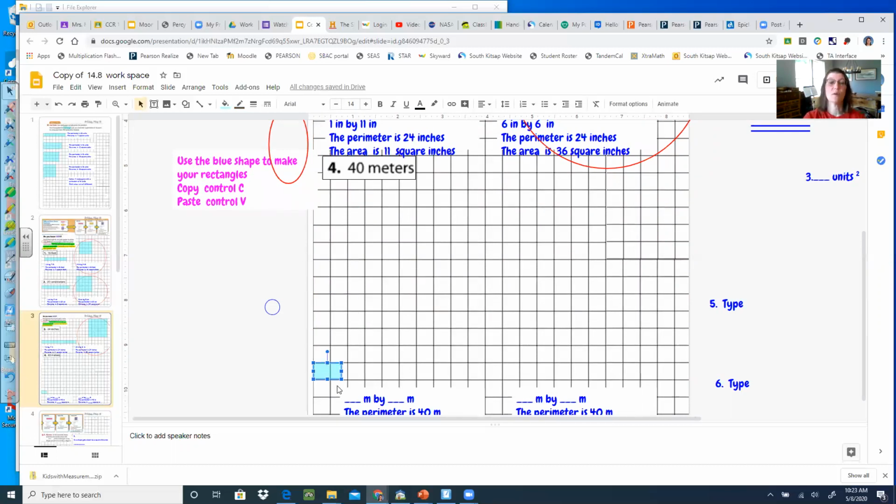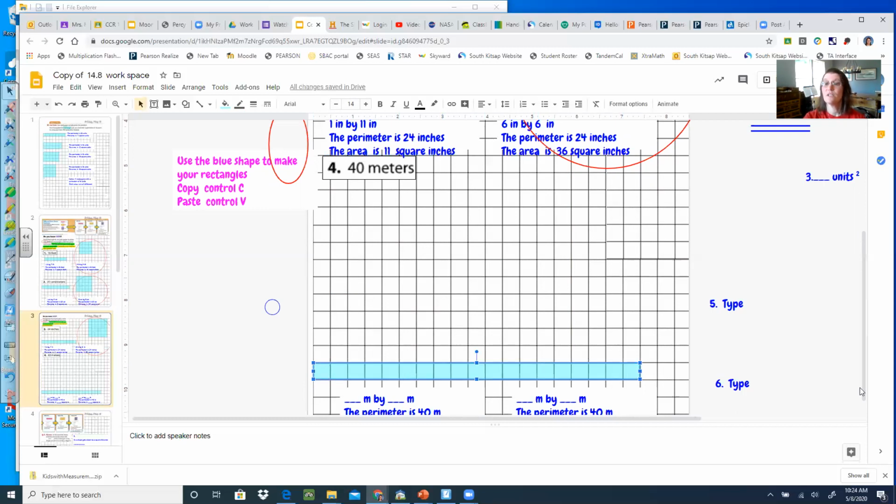I am not sure I can do 1 by 19, but let's see. So 2, 3, 4, 5, 6, 7, 8, 9, 10, 11, 12, 13, 14, 15, 16, 17, 18. Ooh, yay, 19, that worked.